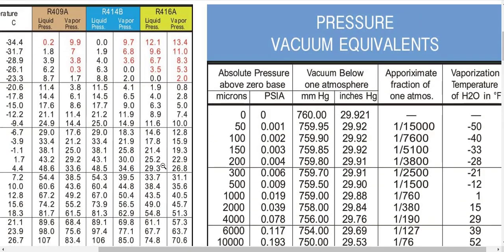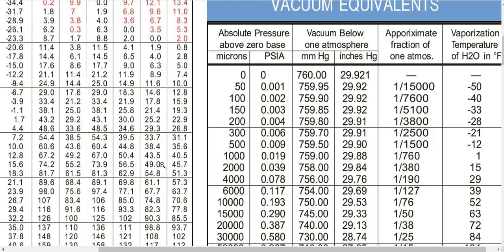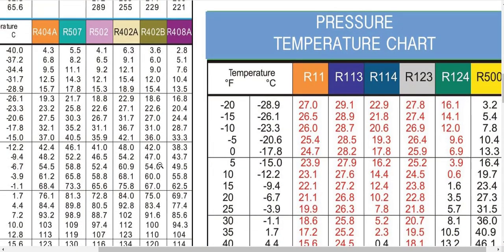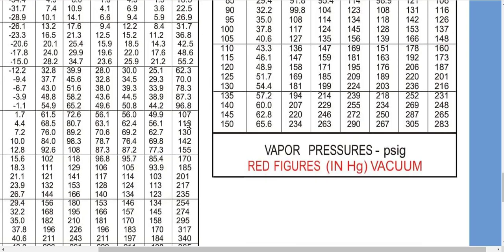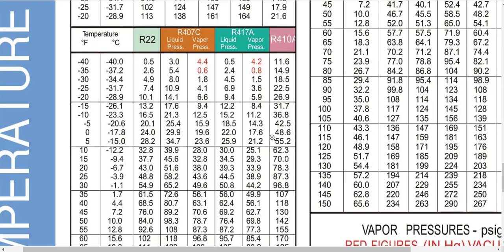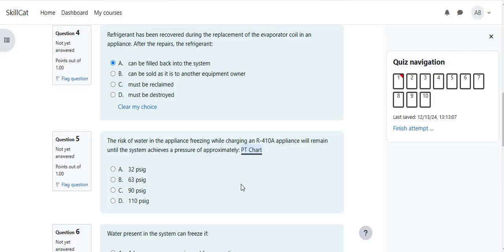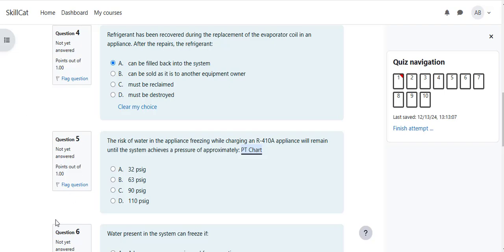Okay, so the values, any difference? 48.6 or something to check. 48.6. I'm not sure of this one.